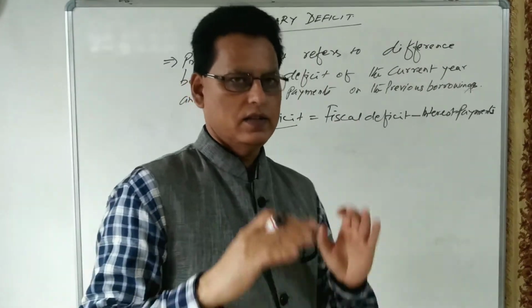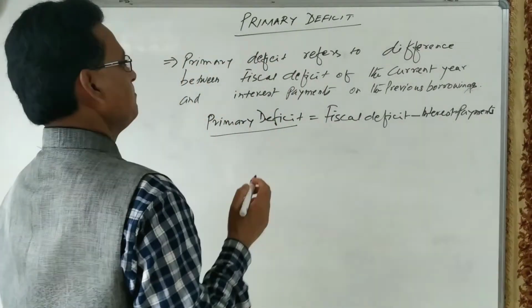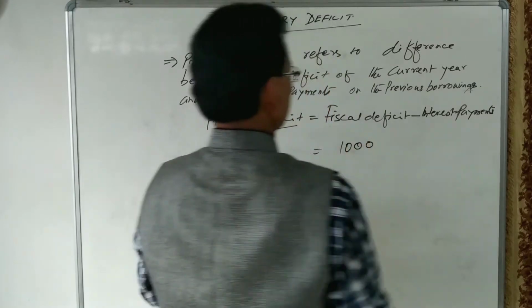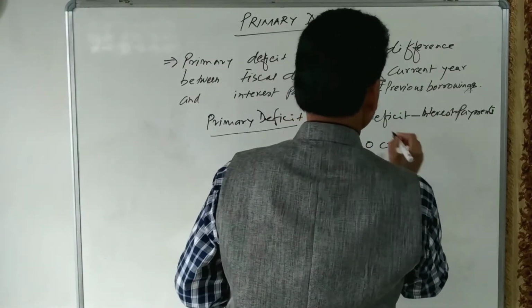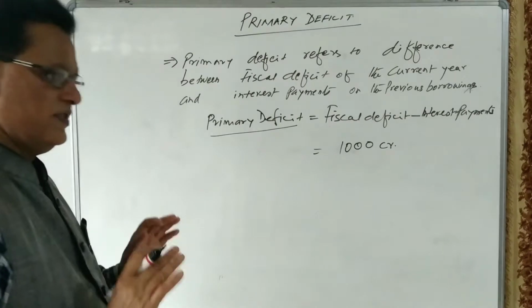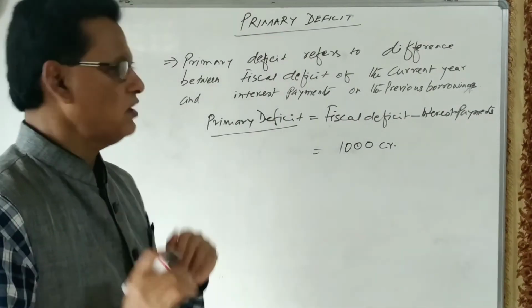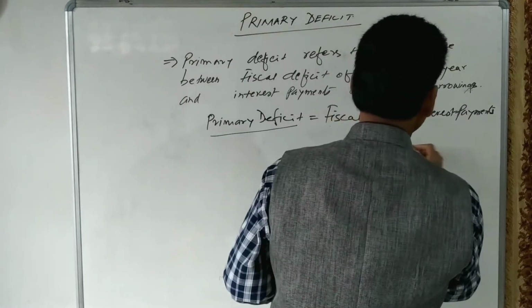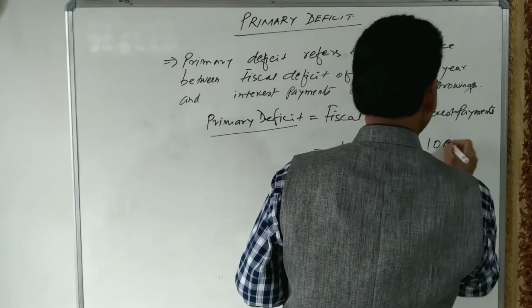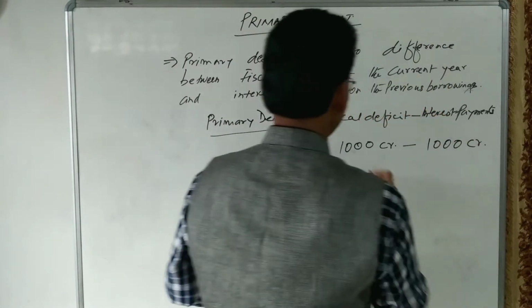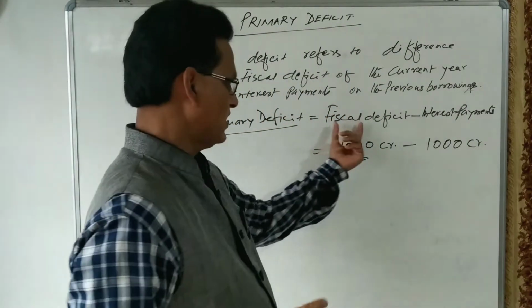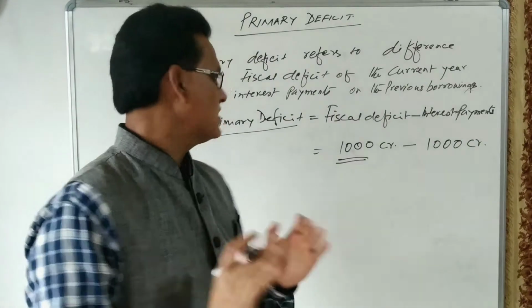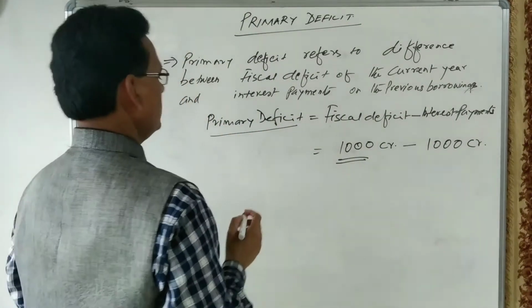Take an example. Suppose the fiscal deficit of the government during a particular year is 1,000 crore, and the interest payment is also 1,000 crore. Then the primary deficit will be how much?